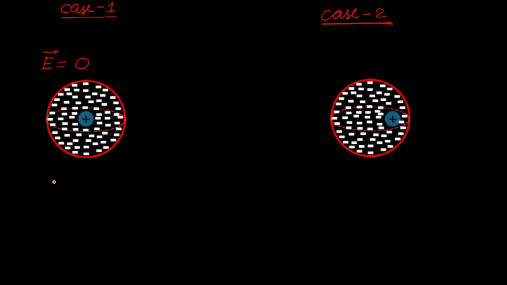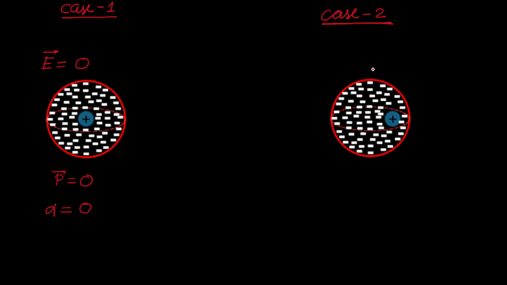If we calculate the dipole moment of this charge system, that will be 0, because the positive charge center and negative charge center coincide at the same point. So there will be no dipole moment, and that means alpha will be 0 in this case. Until you place the external electric field, there will be no dipole moment.